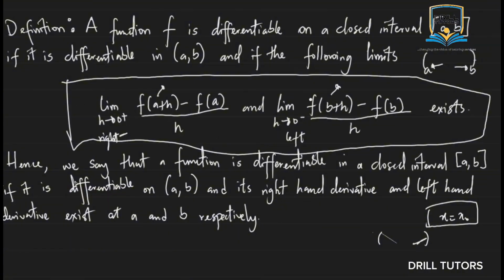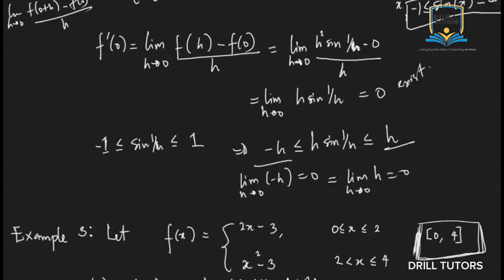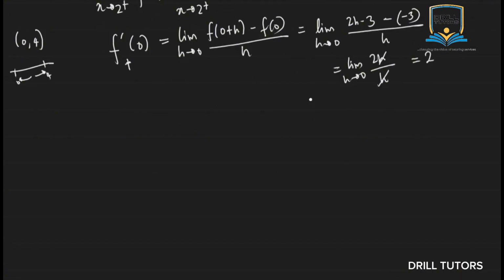Well, let's check the other one, which is when it is coming from the left, when x is approaching 4 from the left. So we are saying f prime from the left of 4 is equal to the limit as h tends to 0. h must always tend to 0. Do you understand?